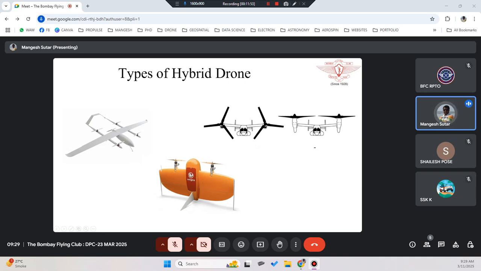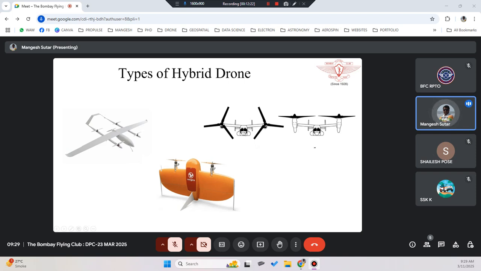This is more or less used as a surveillance and mapping drone. It's very famous and very stable. I have seen the operations of this drone also. Right now, I think they have come up with a newer version. This was V1, and now they have a V2 version, which is more stable, and it also has a lidar capacity built into it, so that you can capture lidar related data also using Wing.